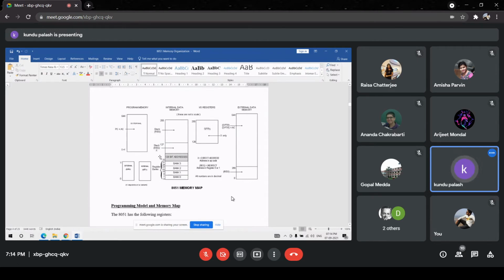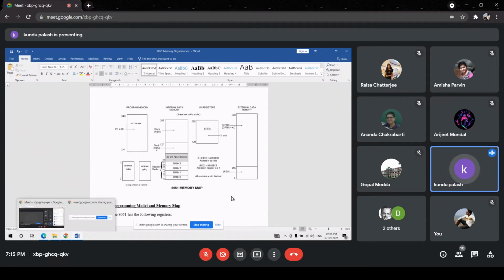That is decided by the external access pin of the 8051. When the external access pin is maintained at logic zero, the microprocessor program counter will start fetching instructions from the external memory. Otherwise, if the EA pin is disabled, that means it is tied to logic 1, the normal situation, the microprocessor will access instructions from the internal memory.